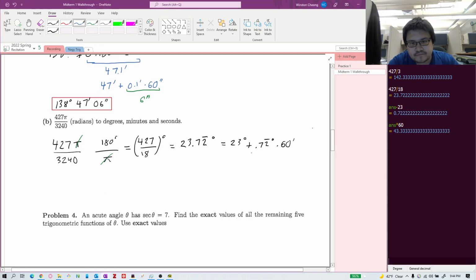So this is 43.3 repeating minutes, and we can split that. So 43 minutes plus this 0.3 repeating minutes, which we would then multiply by 60 to convert it to seconds.